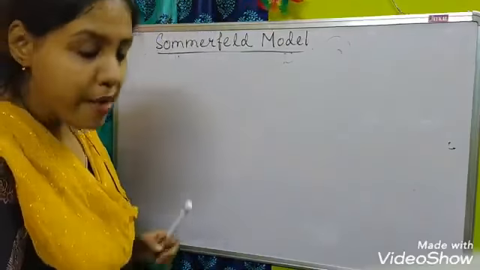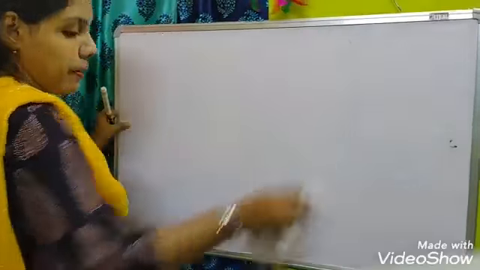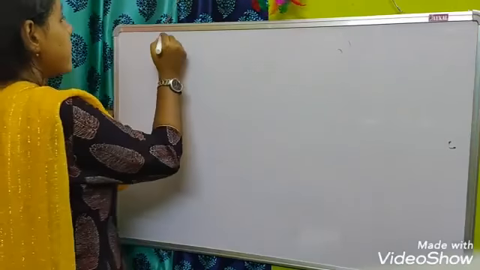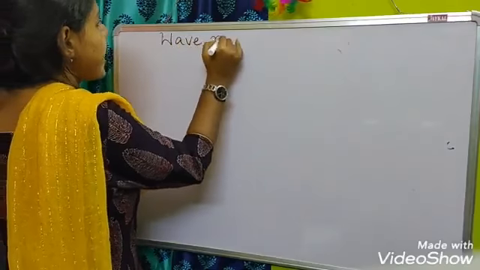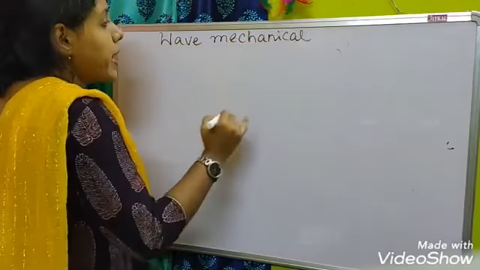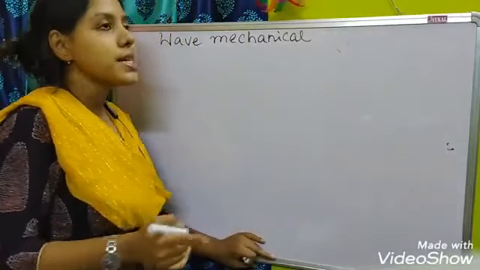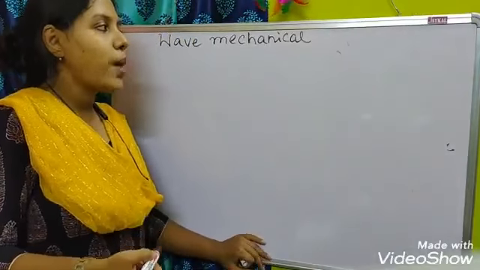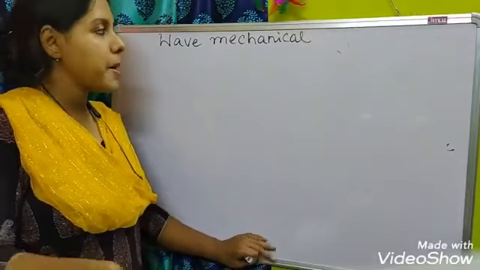The next model is the wave mechanical model, which could be explained by two theories. One is de Broglie's theory, another one is Heisenberg's uncertainty principle.